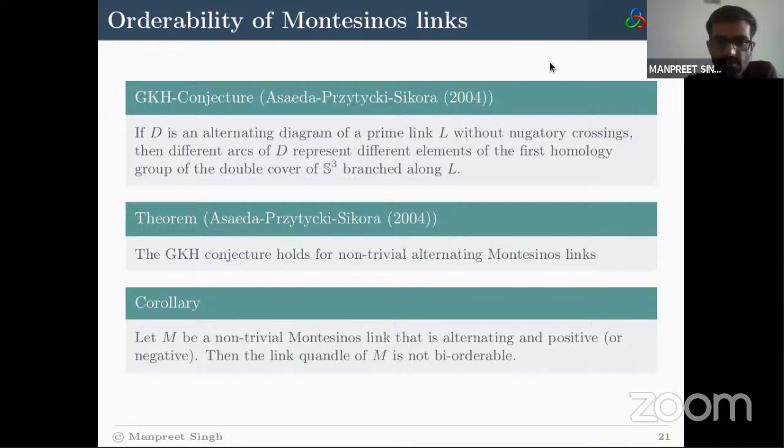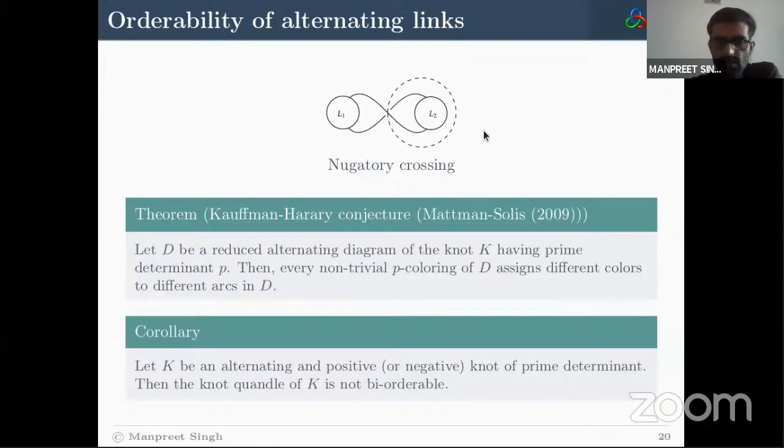Sorry, I don't get the question actually. But this conjecture is only proved for Montesinos links. I know that. The idea behind this conjecture is that in the Coffin hierarchy conjecture, the main thing is that they have assumed that the determinant of the knot is a prime number.